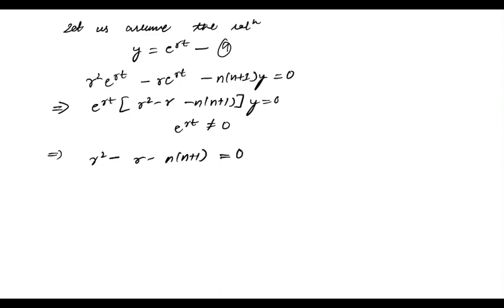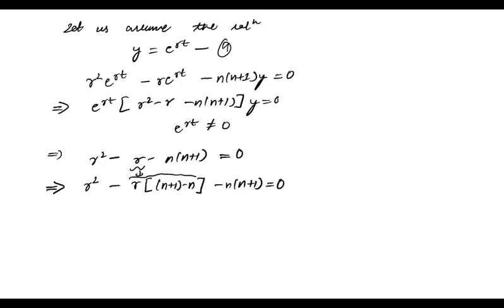Now we have to factorize this quadratic equation. So to do that, what we'll do is that we have to do some adjustment. So this r we can write as minus r, n plus 1 minus n. So this r can be written like this, because this n cancels out, so it will again become r.